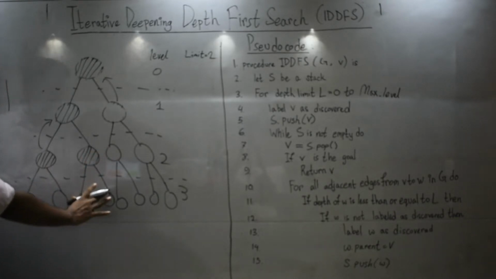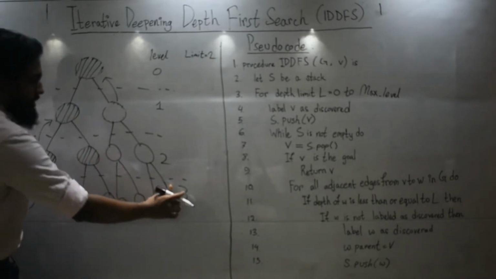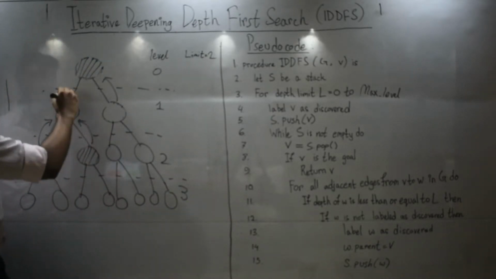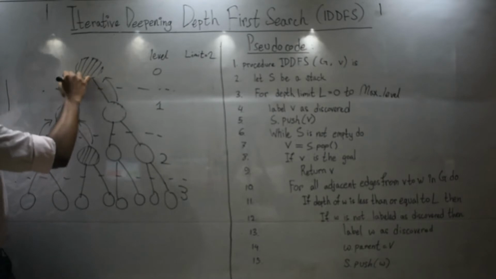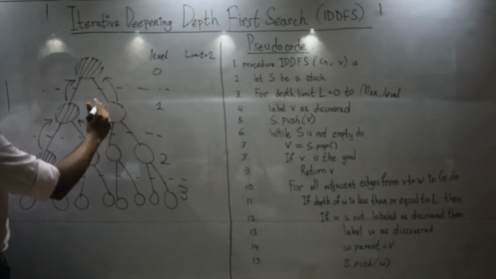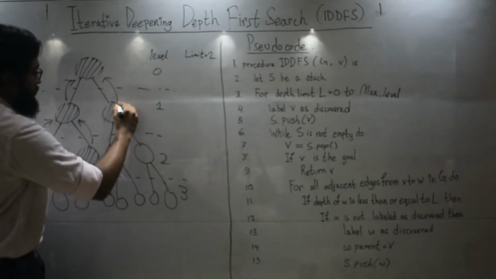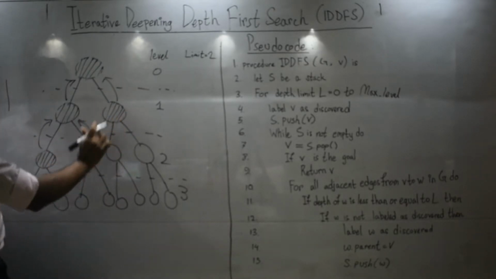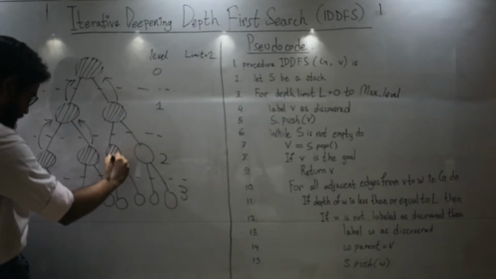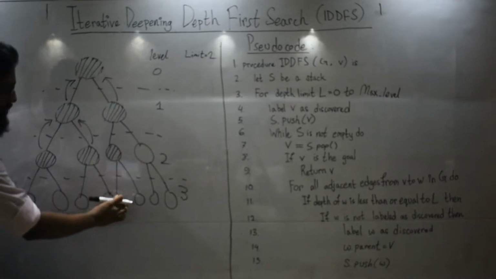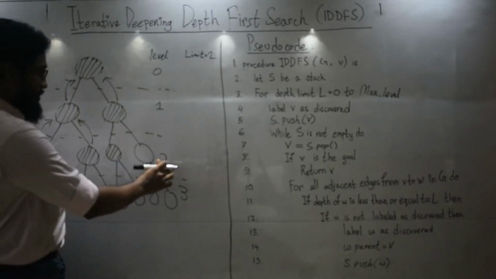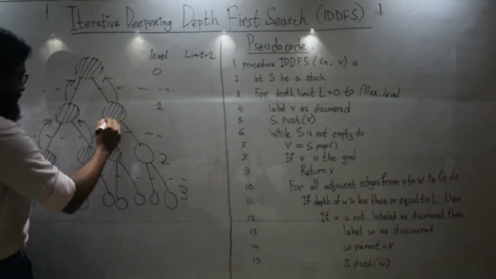We cannot visit them because they are more than my limit. So we will backtrack. Then this one, from here we will backtrack. Then we will traverse this one, visit this one, discover this one, followed by one of its child. We can no longer visit these because my limit is not 3, it's 2. Then we will backtrack.